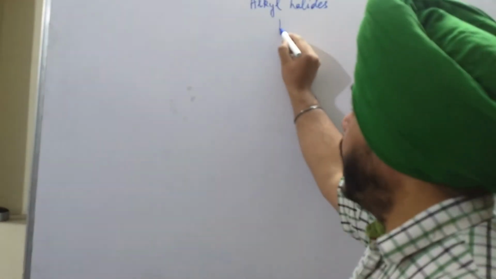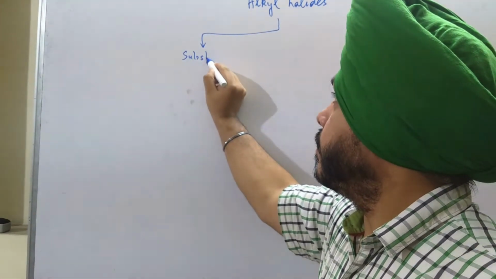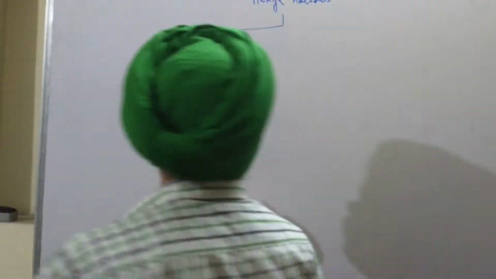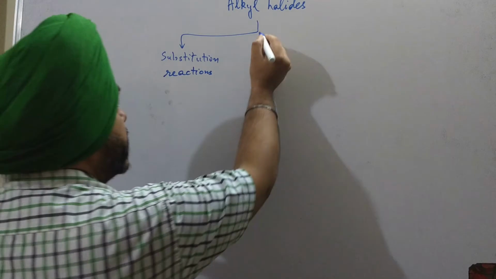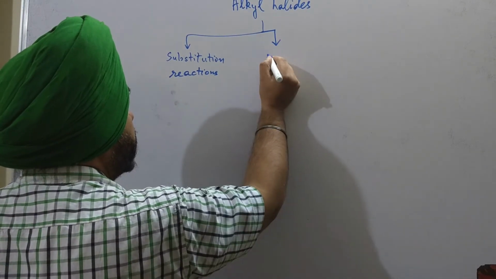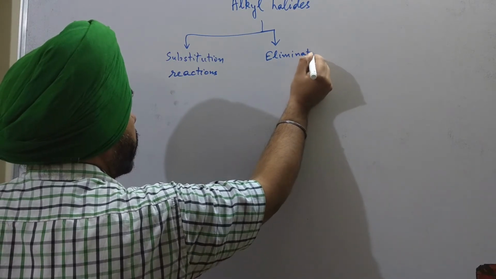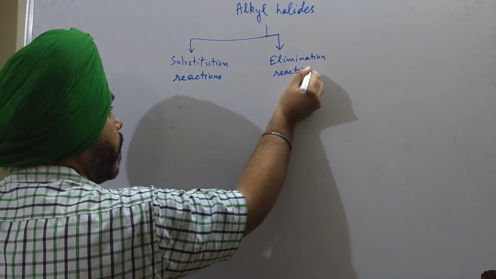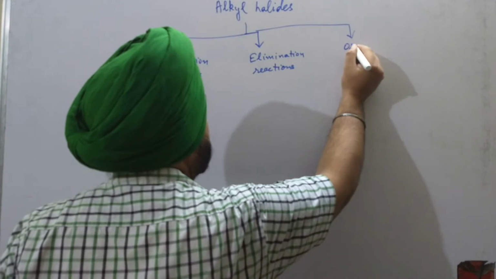The first is substitution reactions. The second is elimination reactions. And the third is organometallic reactions.